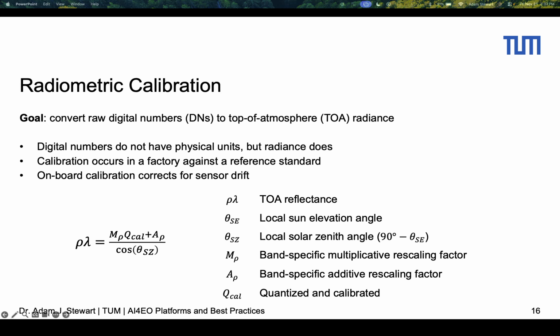Usually with most of these sensors, you will calibrate it on the ground in a factory. You'll say, here's a reference image. We know the exact color of this image. It's been calibrated against all of these other cameras. I can calibrate this camera. And then once you fly it into space, those numbers might not always stay the same. It might start to drift over time. You might need to recalibrate it.